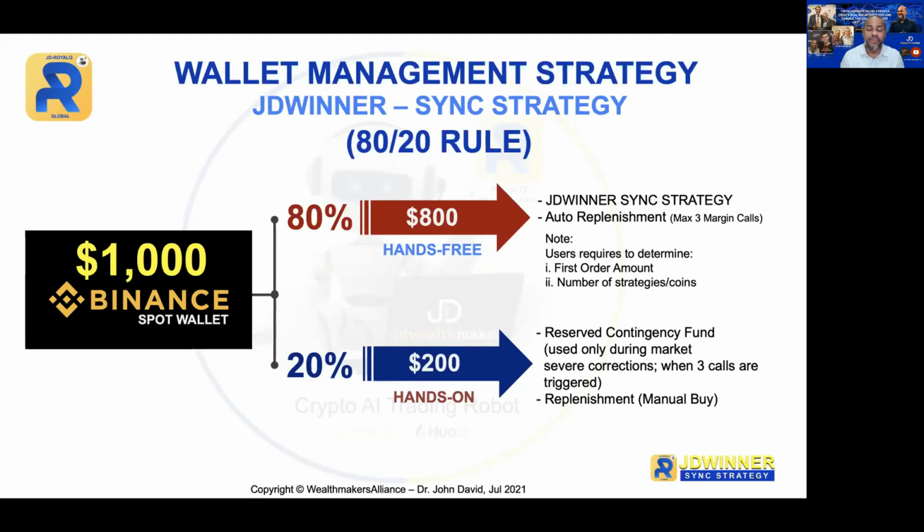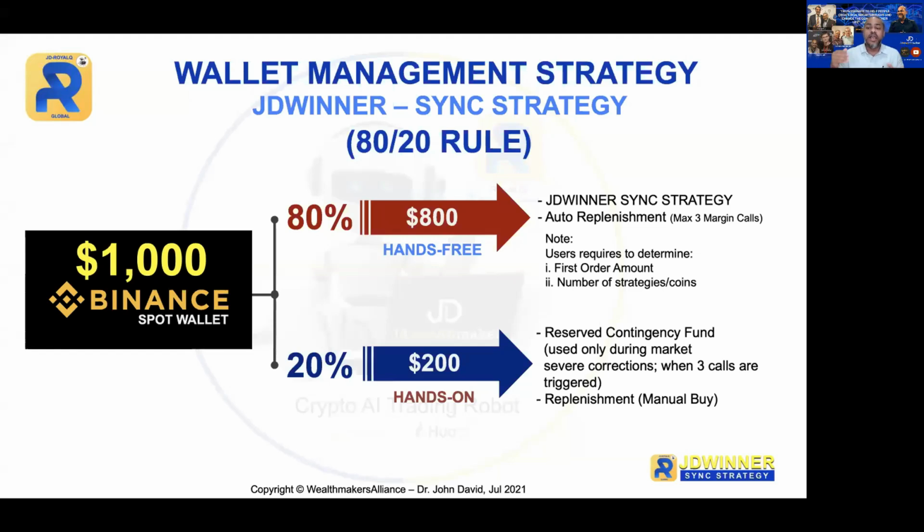Or you can refer to the video that I already put up in the Telegram group yesterday on the manual replenishment. So now, this is powerful. Can you see that? When all the three margin calls are already triggered, you still have 20% bullet. So you can go into the enemy's camp, ambush the enemy with this 20% bullet, and then come out of that trade.